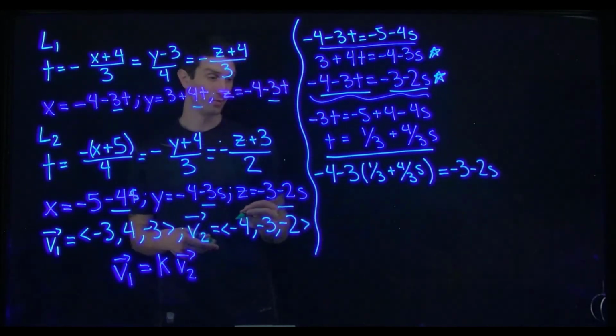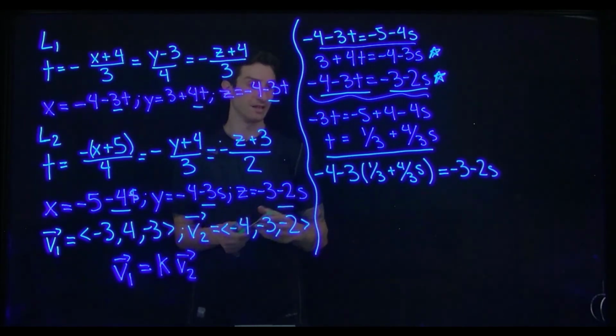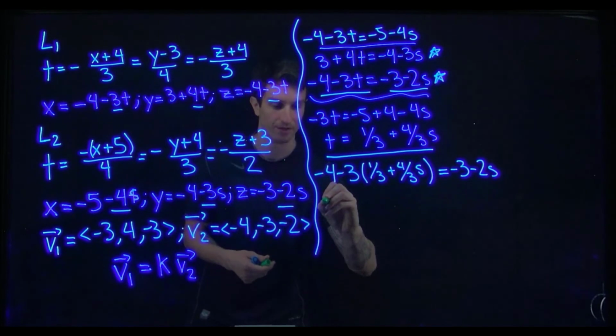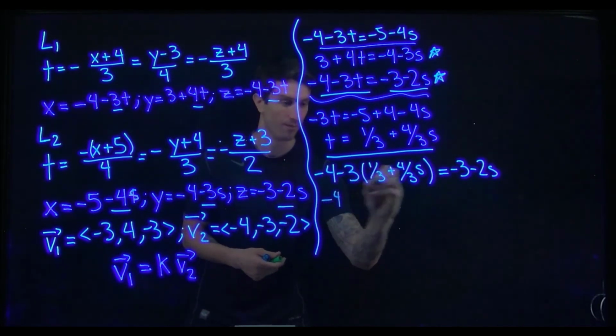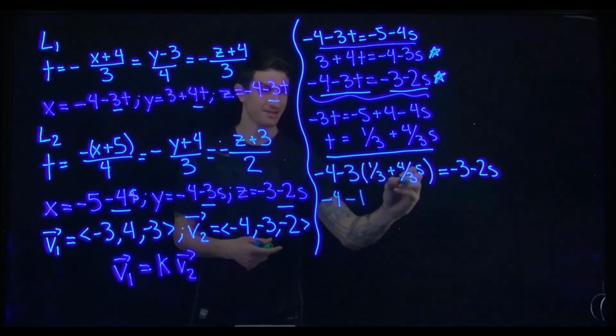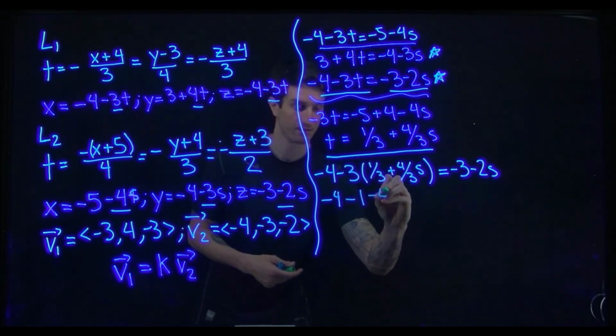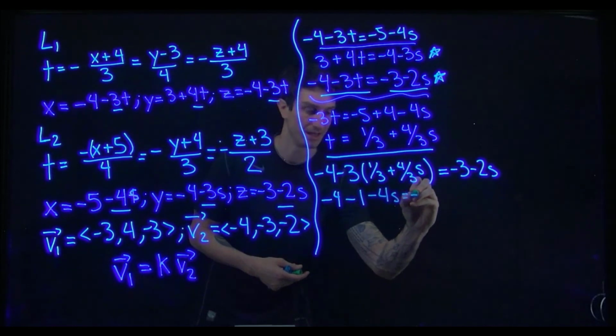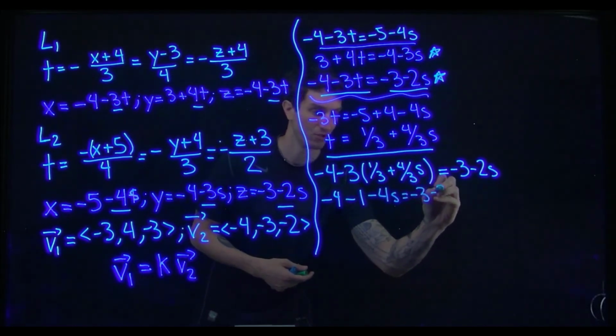And now we're going to simplify. Right, let's see what happens here. We have negative 4 minus 1 minus 4s is equal to negative 3 minus 2s.